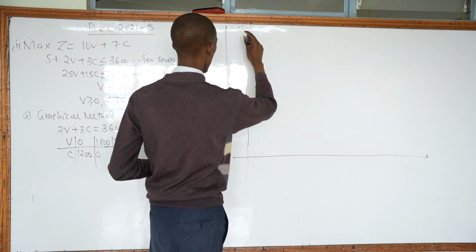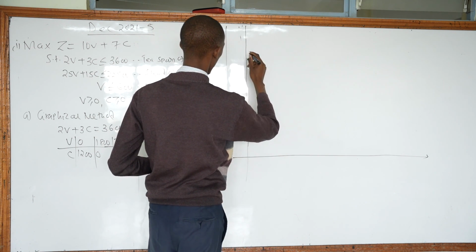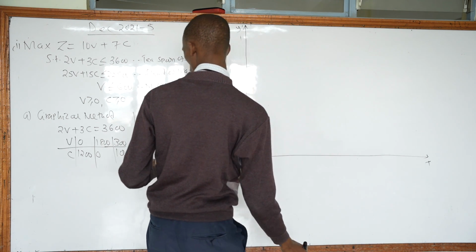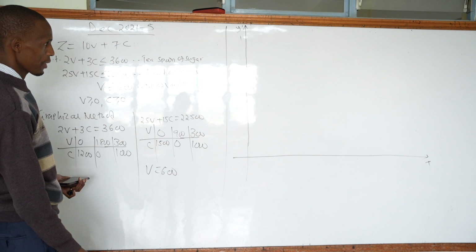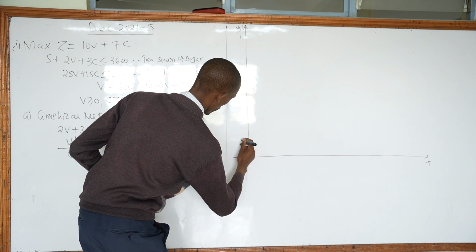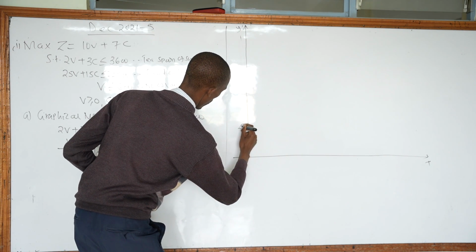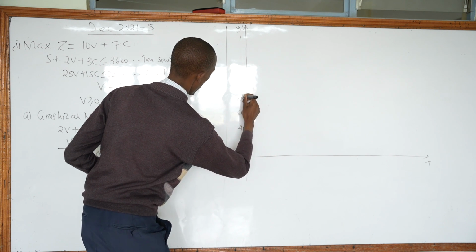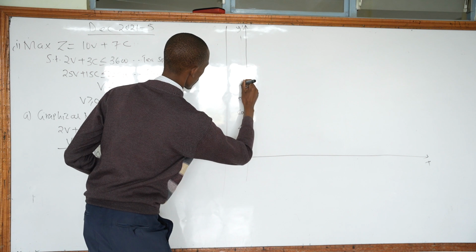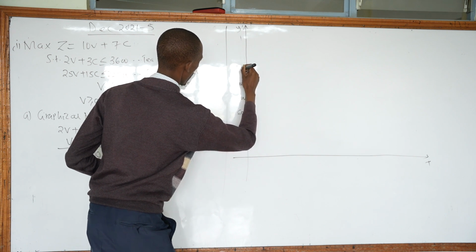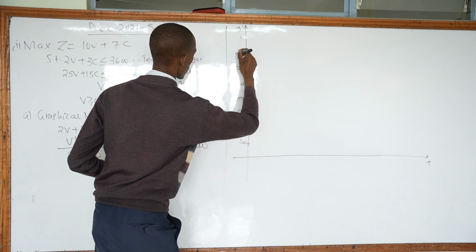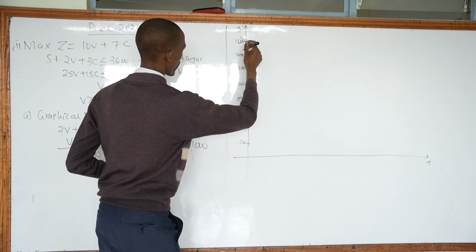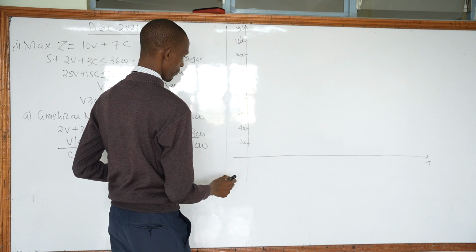So this is the y-axis, and this is x. We can use a scale, the highest here is 1800. So a scale of 200, 400, 600, 800, 1000, 1200, 1400, 1600, and then 1800.